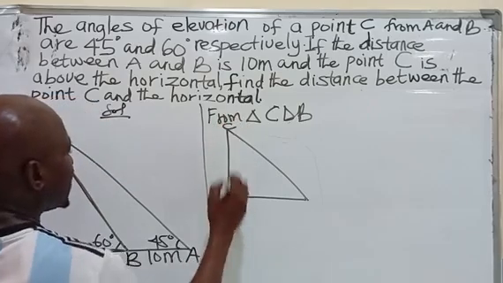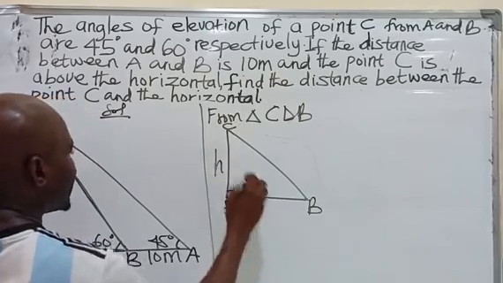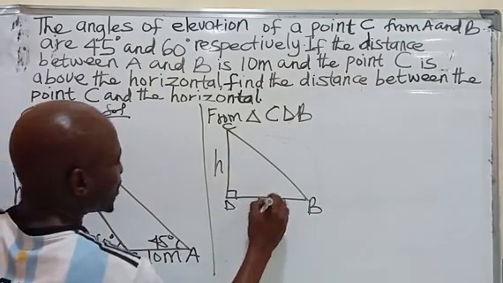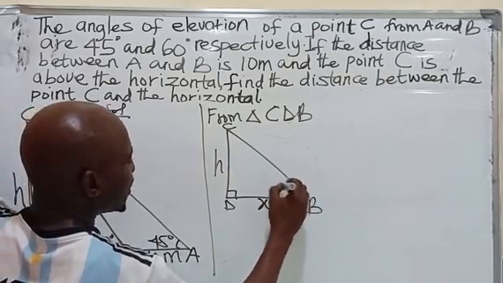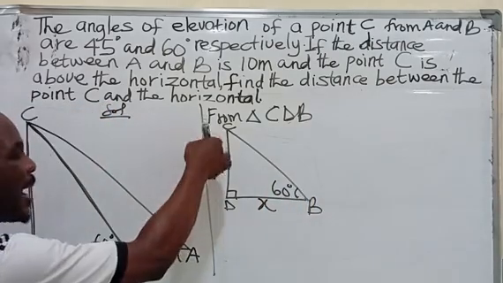This is C, this is D, and this is B. This is H. Now, we don't know the distance between D and B. That is the distance between B and the foot of the object we are looking at. So let's assume the distance is X. So this place becomes X. Our angle is 60 degrees. So I'm looking for the height here.